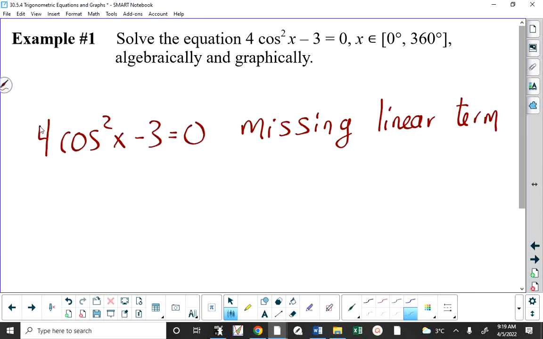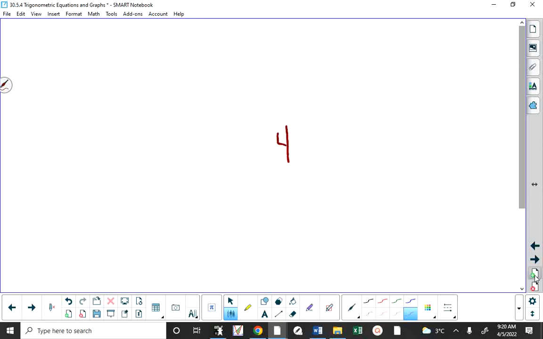It has a quadratic term because it has cosine of x quantity squared, which is what cosine squared of x means. And it also has a constant term of 3, but it doesn't have that linear term. This would be like me having an equation that would be 4a squared minus 3 equals 0 in Math 20 and saying, go ahead and solve that quadratic equation.